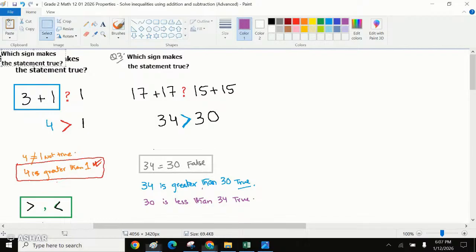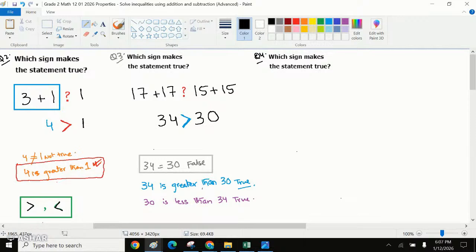So the next question we have is question number 4. This question says 19 minus 0 and 19. We have a missing sign over here. Okay, so what is 19 minus 0?